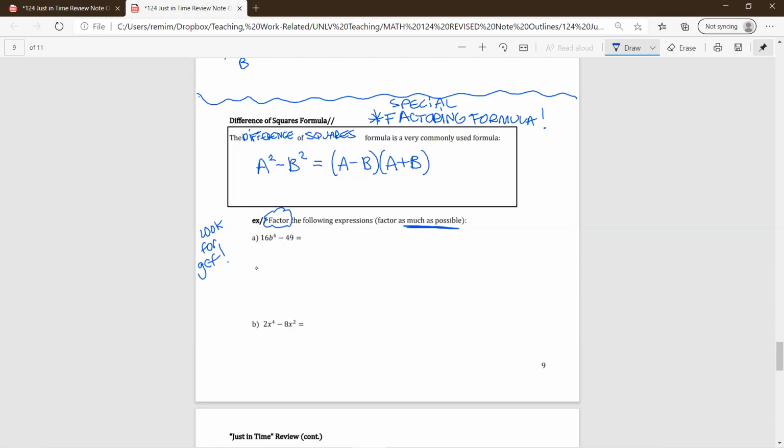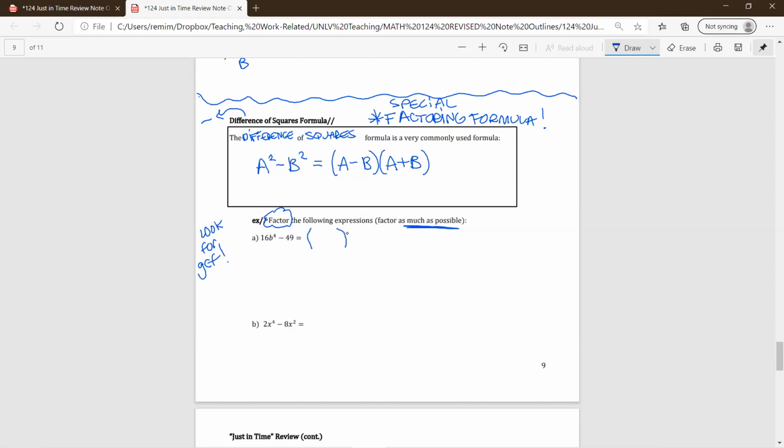No GCF. So now I notice that this expression, it's minus, and that's what difference means, right? Difference means minus. And it is a difference of squares. So my goal is to make this look like a squared minus b squared somehow.